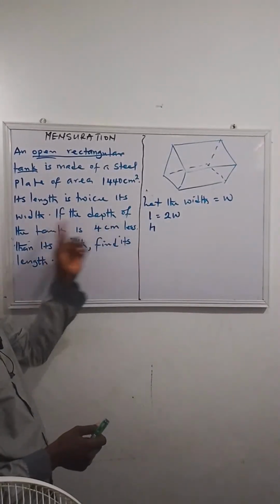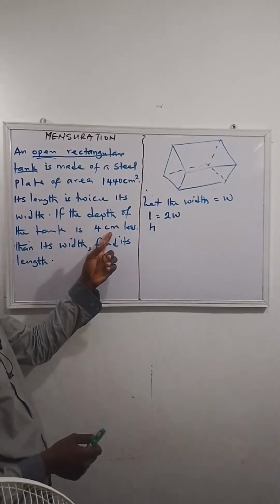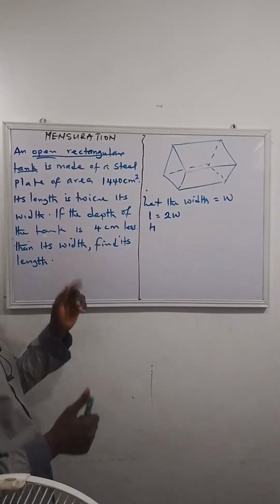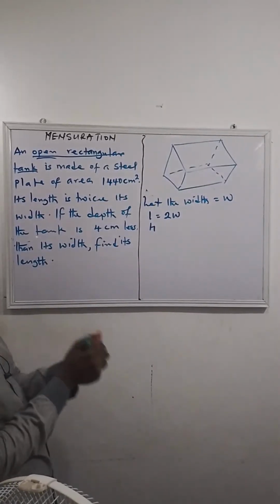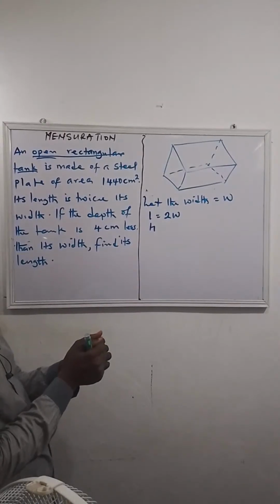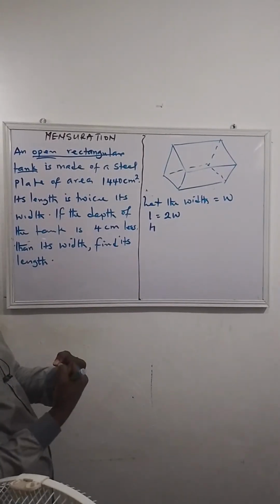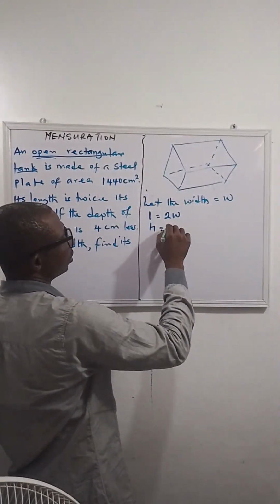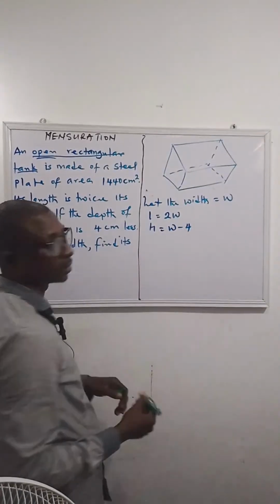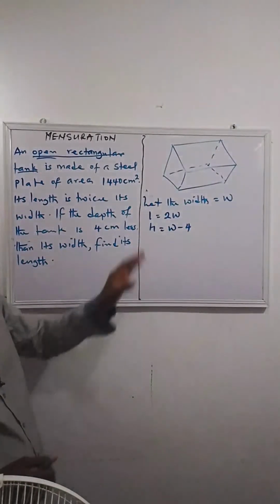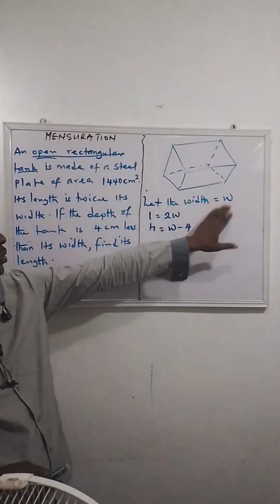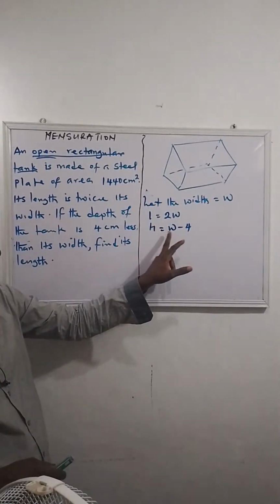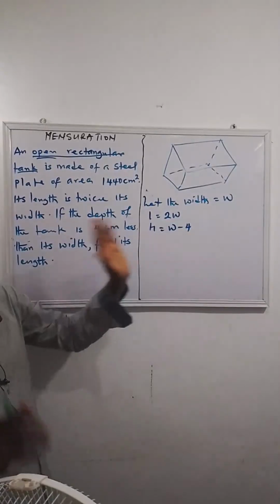If the depth of the tank is 4 centimeters less than its width, that means you have to take away 4 centimeters from the width. So the depth is the width minus 4. I hope you understand. So our width is W, our length is 2W, and our depth is W minus 4.